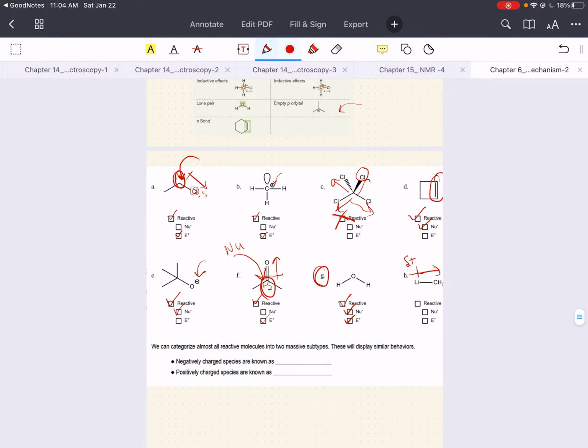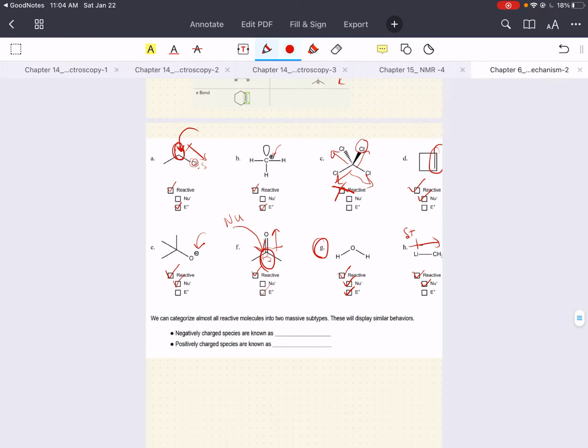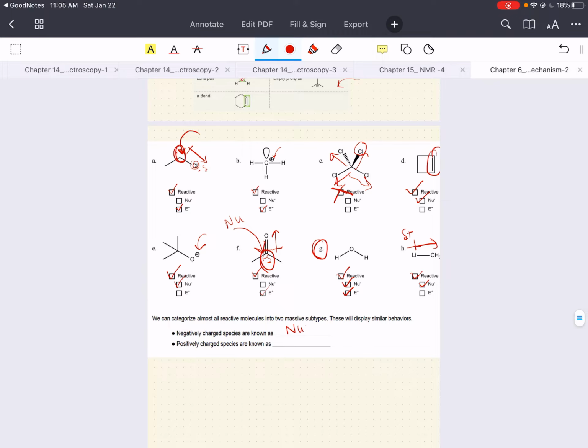This is going to be reactive, and it's going to behave as a nucleophile as per our features here. So we can categorize almost all reactive molecules into 2 subtypes. Negatively charged species are usually known as nucleophiles. That's how they commonly appear. Positively charged species are known as electrophiles, and that is how they are commonly known.